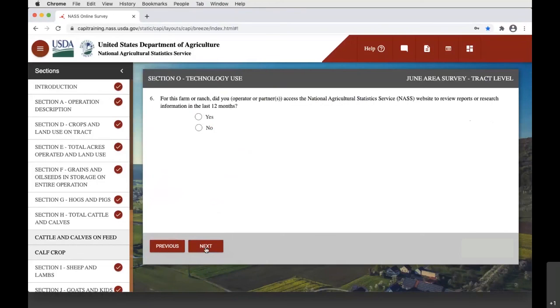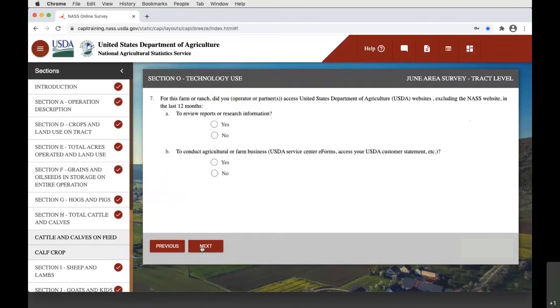For this farm or ranch, did the operator actually access the NASS website? For this, we'll say no. Did they access any other USDA websites? Well, if they were looking at one of the research websites like ERS or ARS, we might click yes, but otherwise, let's say no. But perhaps we have somebody who needs to access USDA Service Center and look at their accounts online.